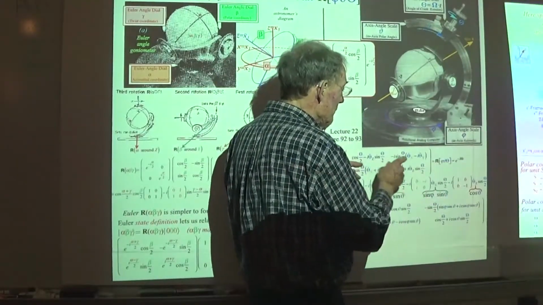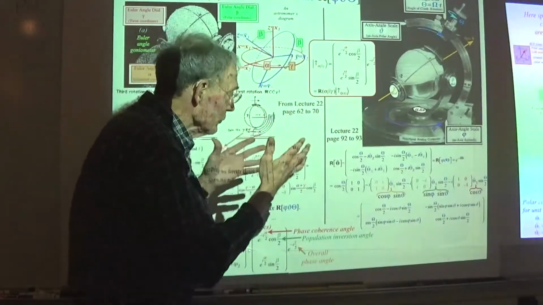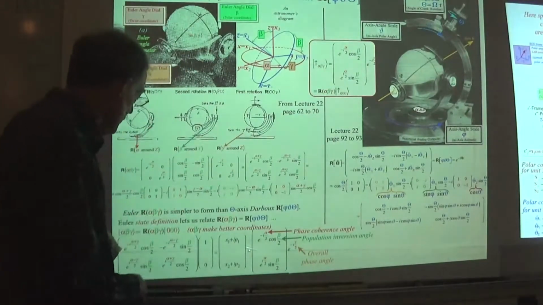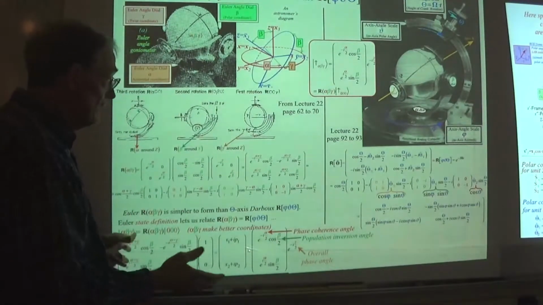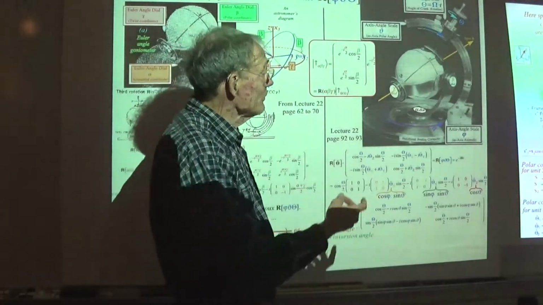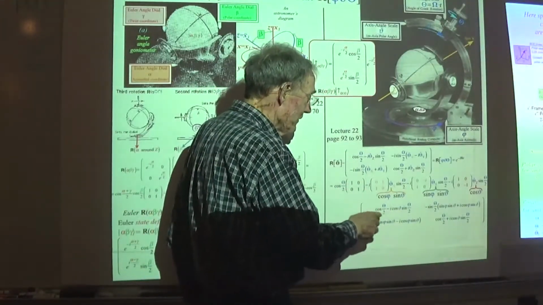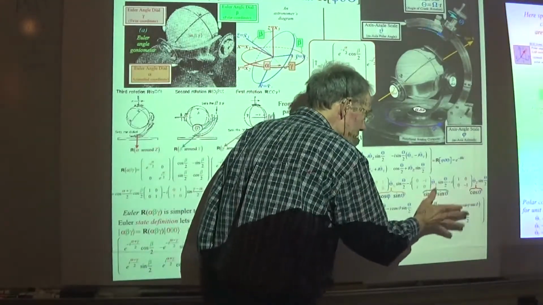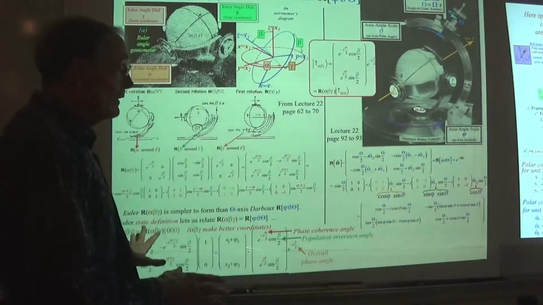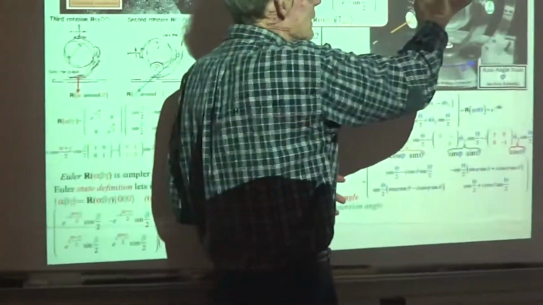So this matrix right here is doing the same thing. It's doing a rotation that this one is doing. But how do you relate the alpha, beta, gamma to these three guys here? How do you do that? That's the thing. In other words, this matrix right here is equal to this one if we're talking about a particular state this thing represents.